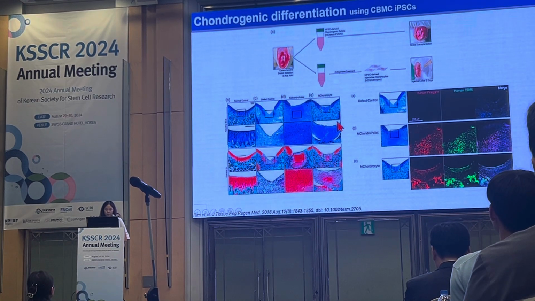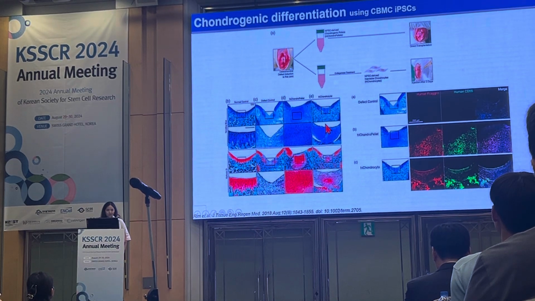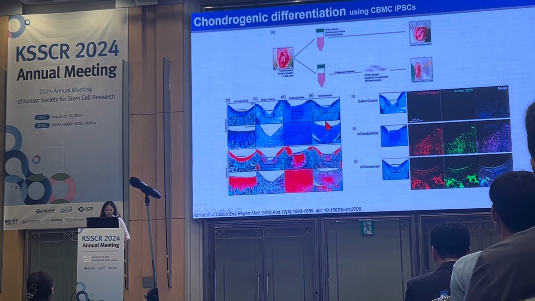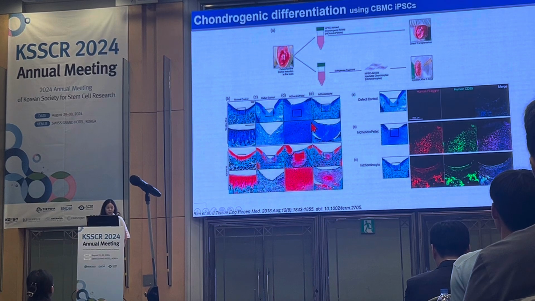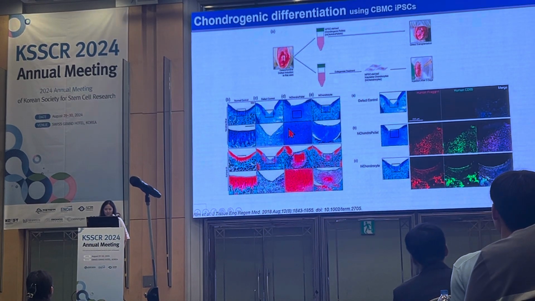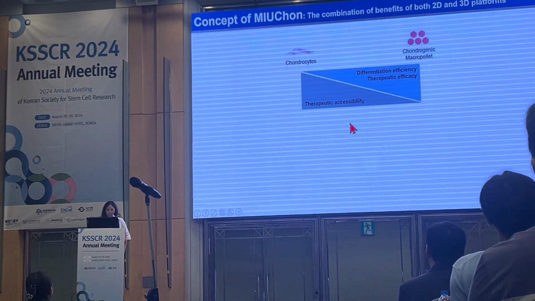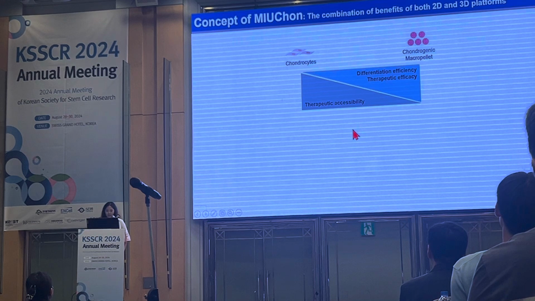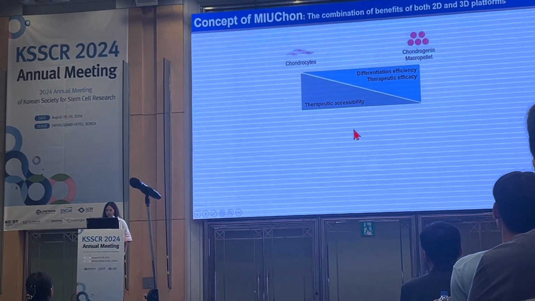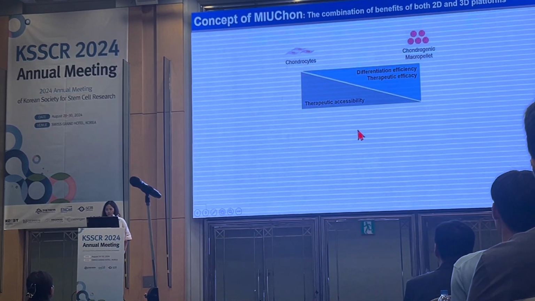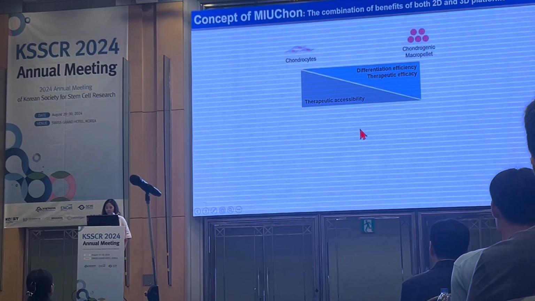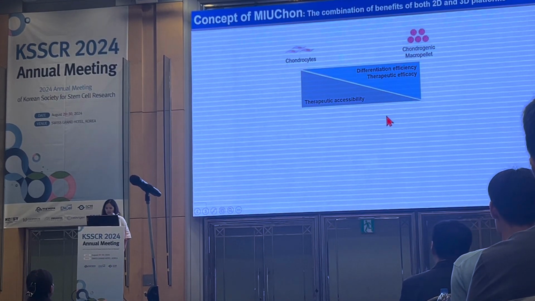And so we confirmed regeneration ability in both the chondrogenic pellets and single chondrocytes, but the three-dimensional pellets showed more efficacy in regeneration. So through our previous studies, we confirmed that the three-dimensional chondrogenic pellets had more differentiation efficiency and therapeutic efficacy.